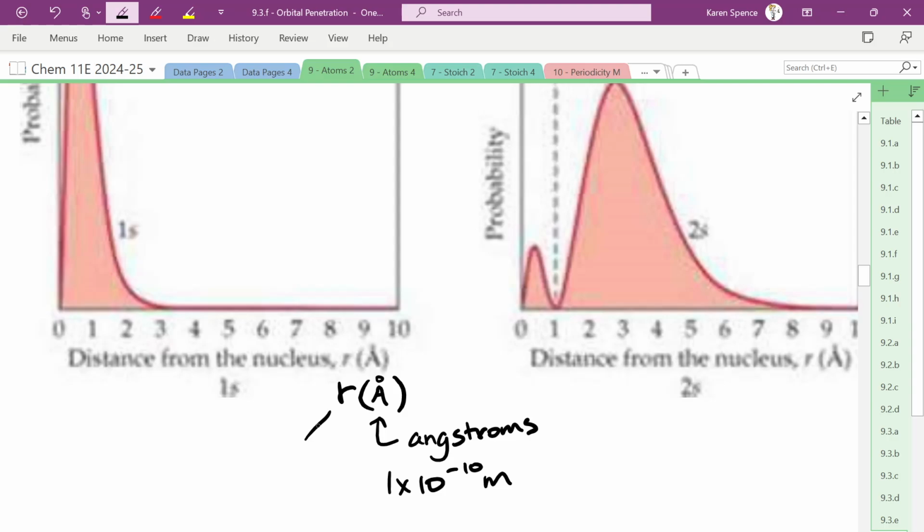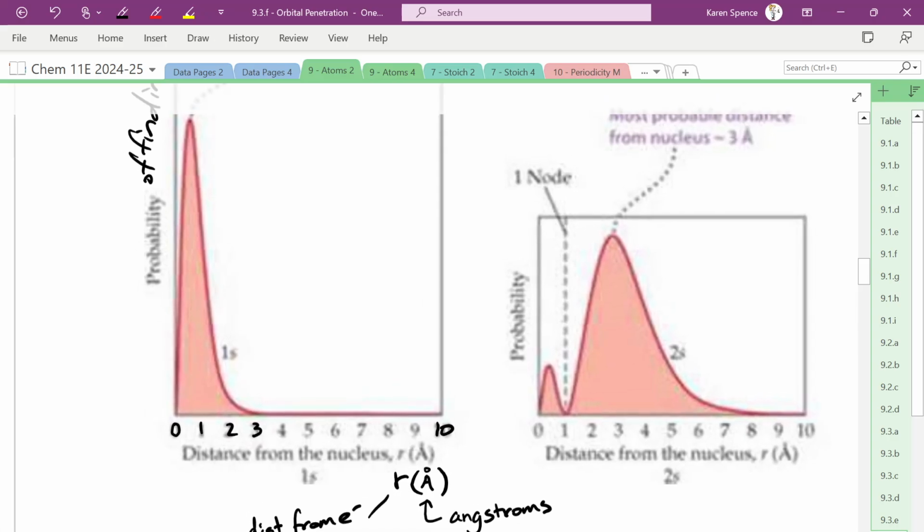Okay, and r is the distance from electron to nucleus. And that's increasing from 0 angstroms to 1 to 2 to 3, all the way up to 10 angstroms. Yeah? What is our probability of finding an electron at 0 angstroms from the nucleus?